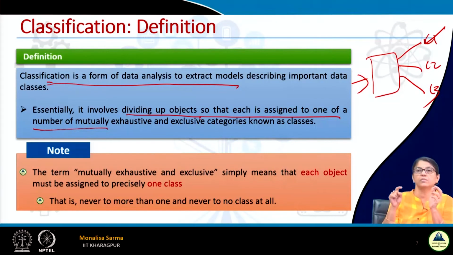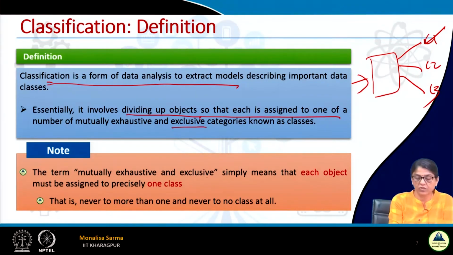One object will not be assigned to more than one class, and each object will be assigned to one of the classes. So it is mutually exhaustive and exclusive.